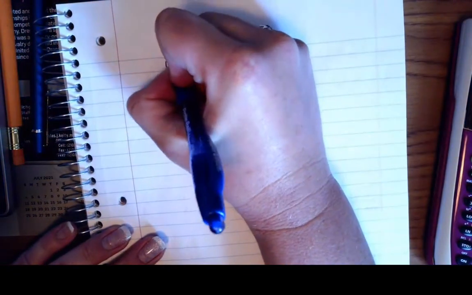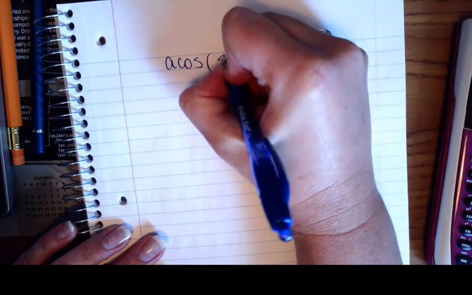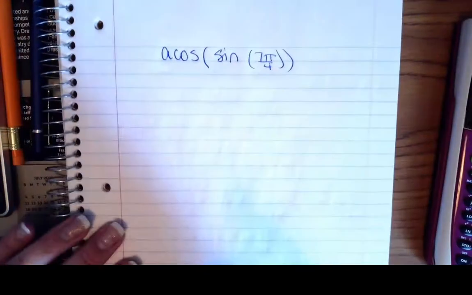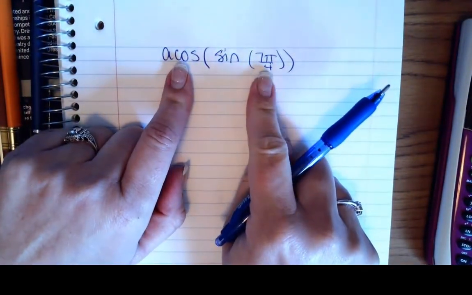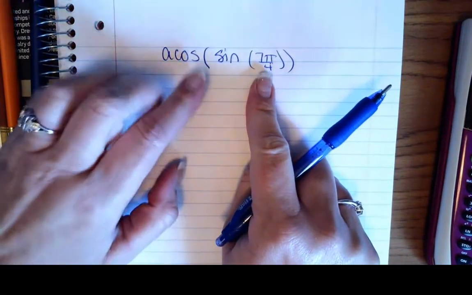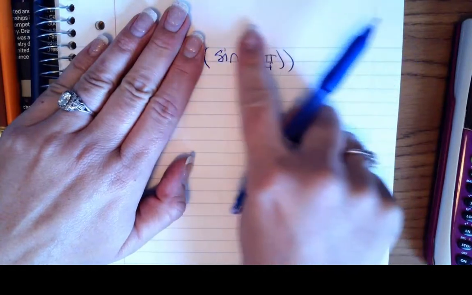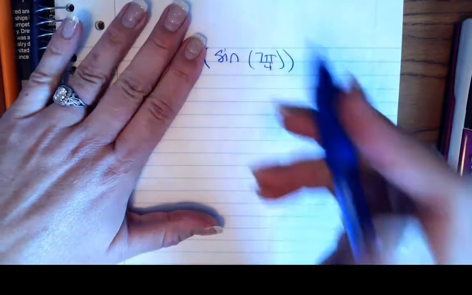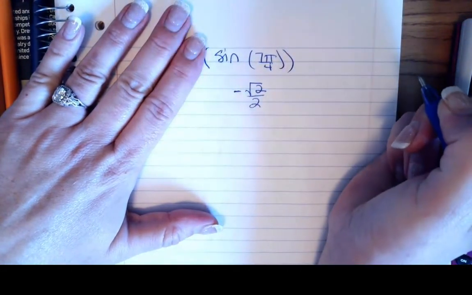All right, so I've got the arc cosine of the sine of 7pi/4. Arc cosine can't live at 7pi/4. 7pi/4 is in quadrant 4, but I don't care. You want to know why? Because I know what the ratio is there. Sine at 7pi/4 is going to be -√2/2.